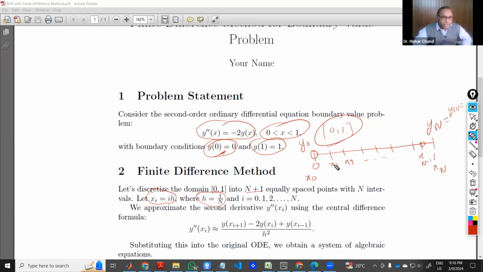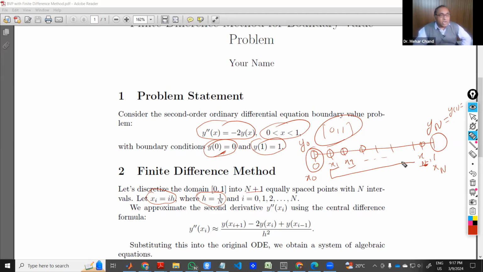Okay, so when we apply the finite difference method, we just need to calculate these intermediate values x1, x2, up to xn minus 1, while the others are the boundary values.